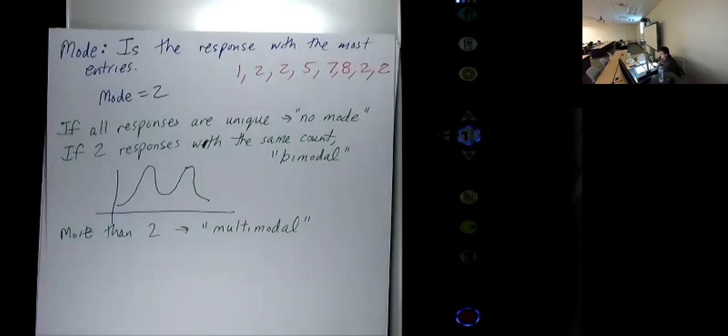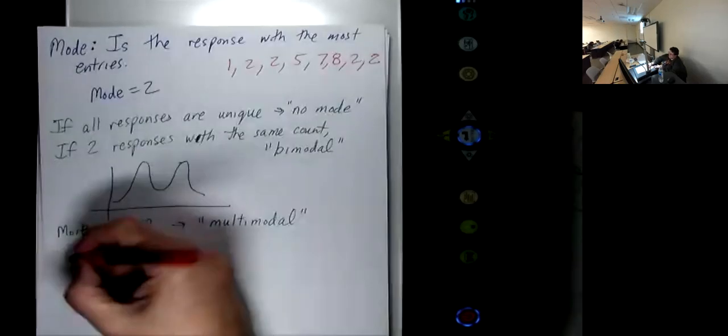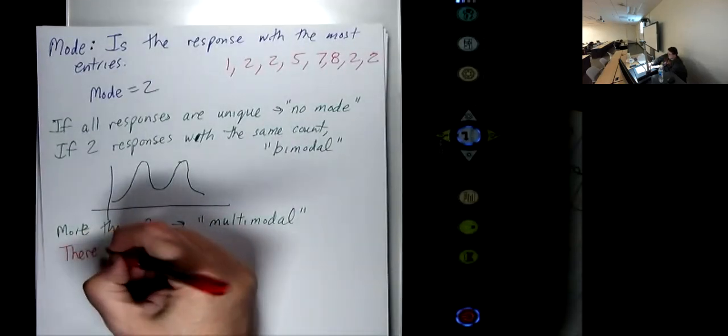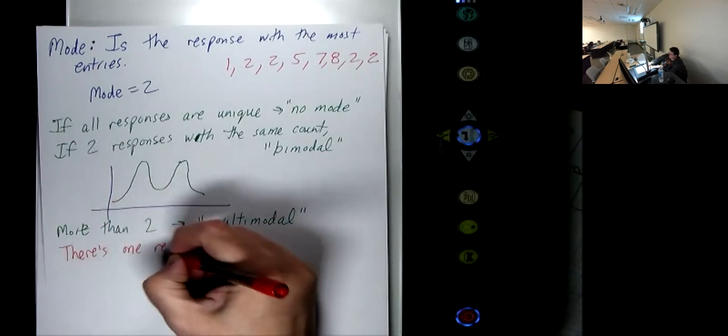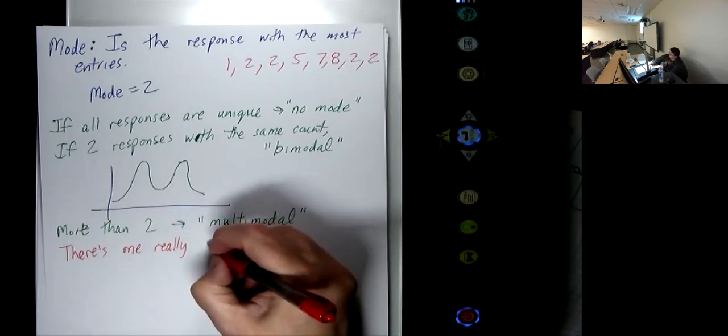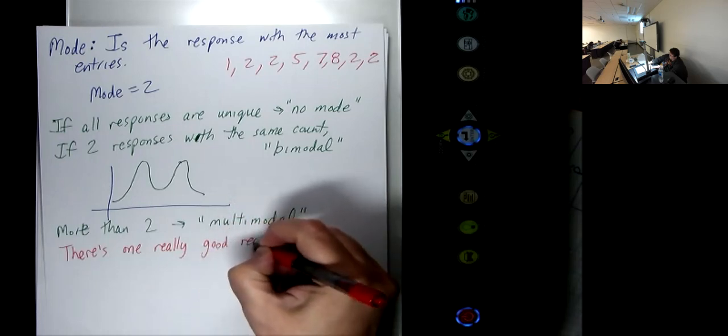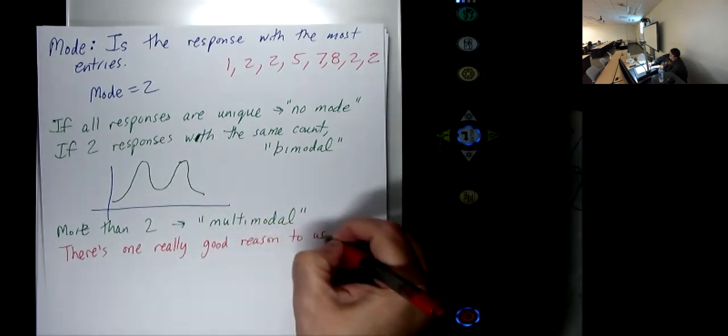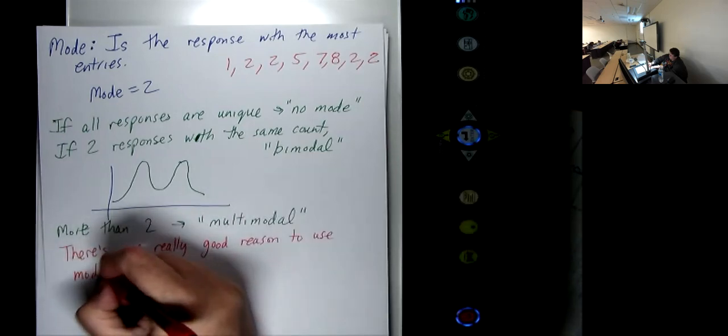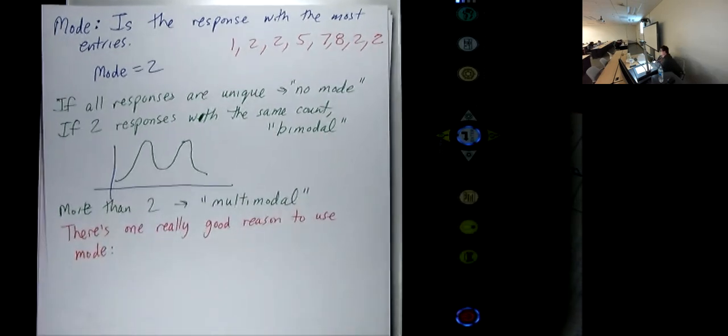And there's one really good example of when we use mode. Because I told you we used mean and median a lot. There's one really good reason to use mode. It's a phenomenal reason. If I took a survey of everyone's hair color in this room, and I've got black, brown, black, where's Bernice?